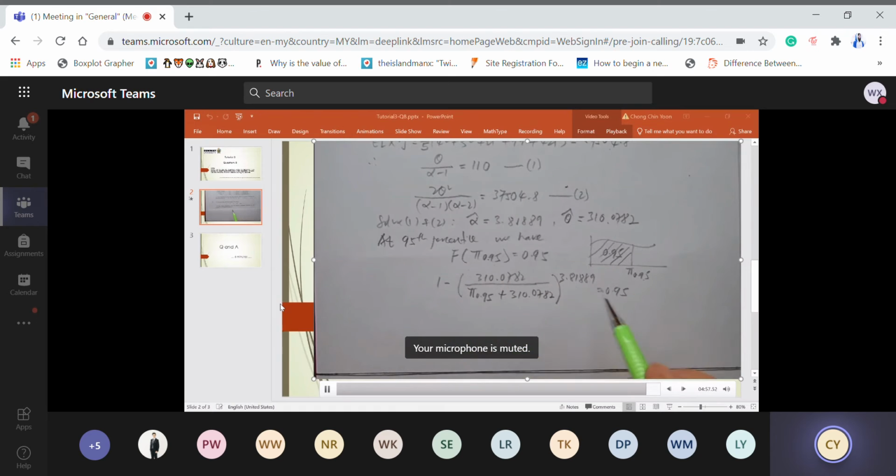So we solve this equation, and we will have this 95th percentile equal to 369.366.